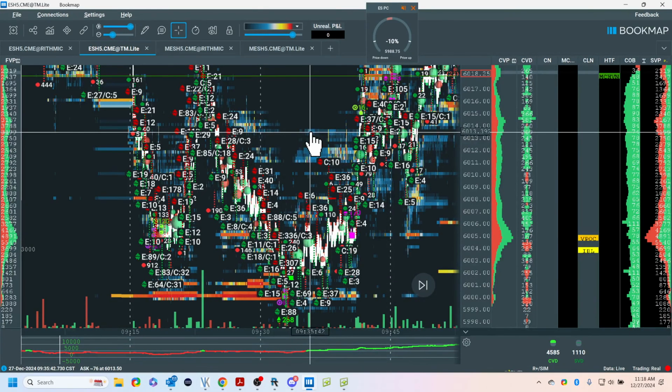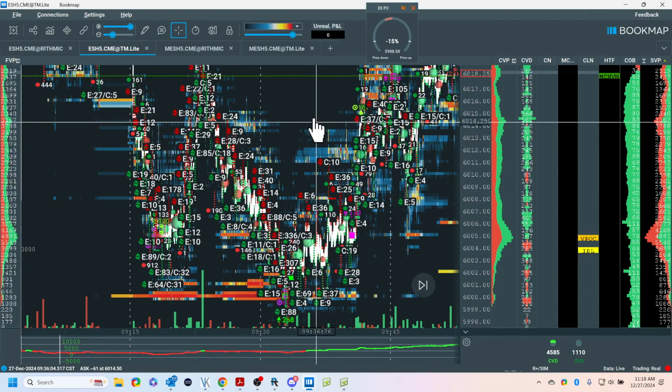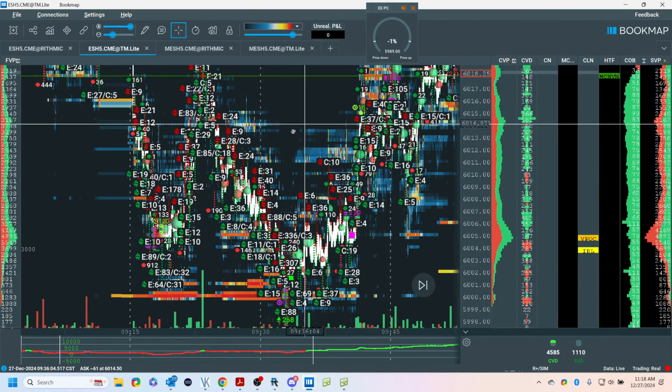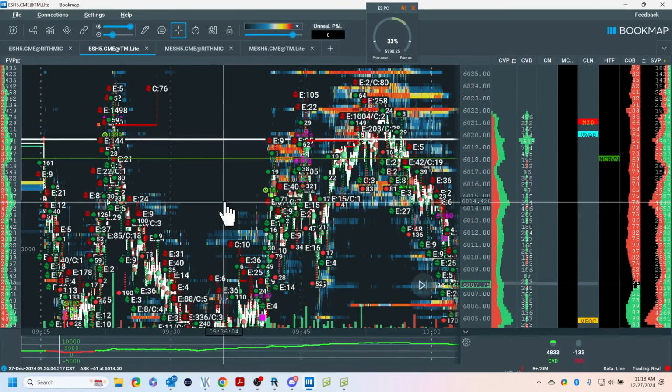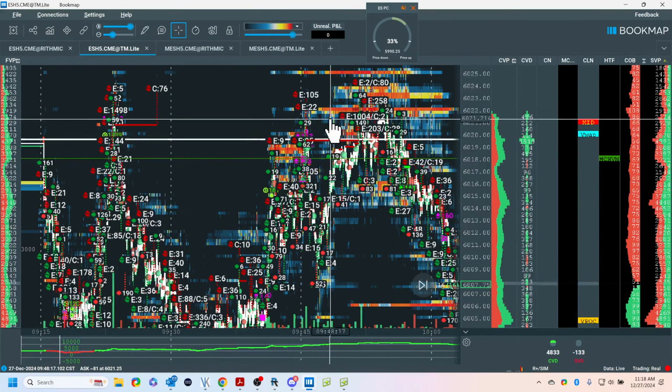Or you skip the long, you cover your short, which is in alignment with the trend, because we were in a downtrend, and then you are stalking a continuation short for the potential to continue lower. That is the question. Now let's try to get the answer.